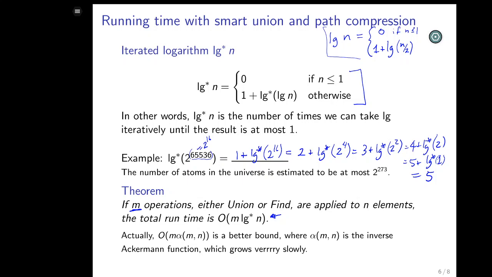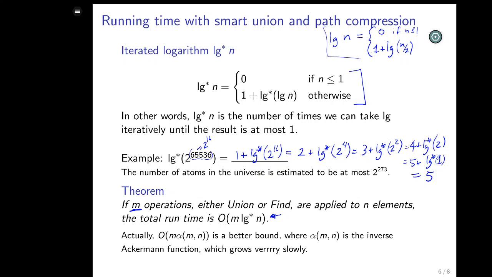The number of atoms in the universe is estimated to be 2 to the 273. So, if you have a database for atoms in the universe, your sets representing atoms in the universe that are unioning together, then this would take less than 5 operations to perform the union operation, or the find operation, amortized over all of the M operations.